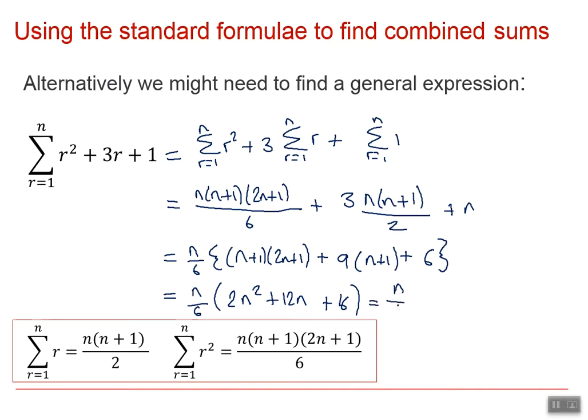So that's the same as n over 3, n squared plus 6n plus 8. And as always, if you can factorize, you should. Factorizing, we get n over 3 times n plus 2 times n plus 4. And this is the general expression for this sum.